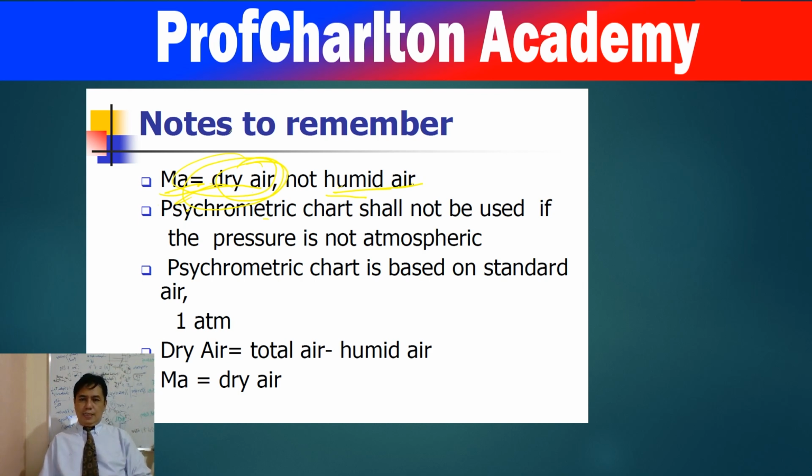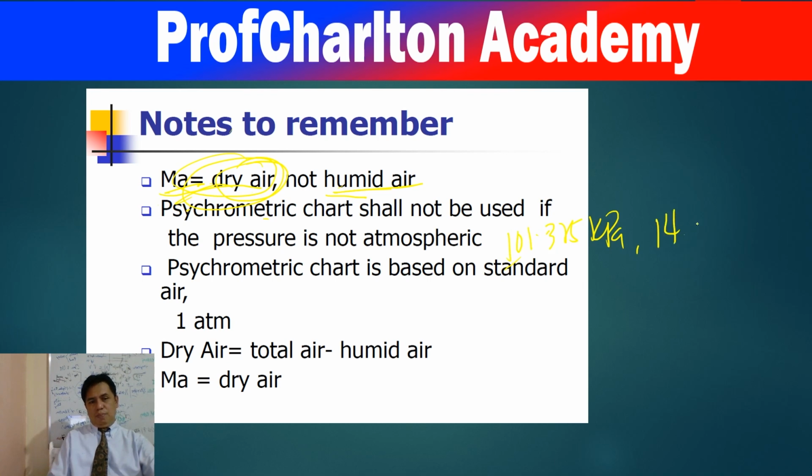Then on the number 2 bullet, the psychrometric chart shall not be used if the pressure is not atmospheric. It is common knowledge that every psychrometric chart is based on atmospheric pressure. What is atmospheric pressure? It is 101.325 kilopascal, 14.7 psi, 1 atmosphere, and so on.